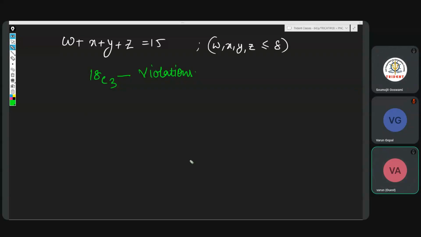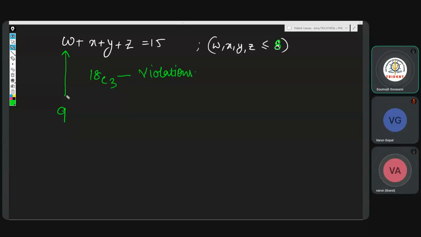The violations are because my upper limit is 8, right? So let's violate the condition. It has to be less than or equal to 8 and everything is perfect. The moment I substitute 9, it is in the violation territory.